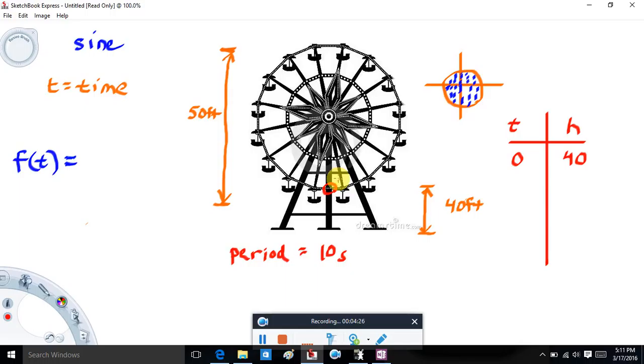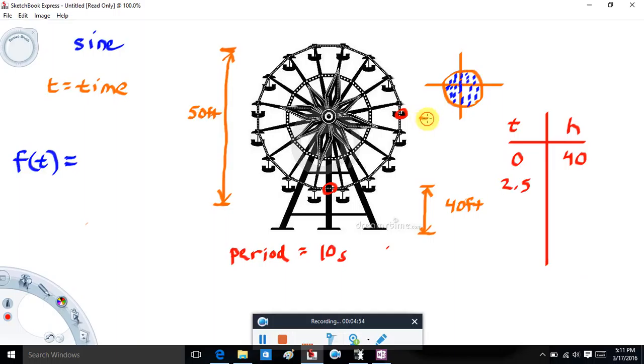So after a quarter period, the person is right over here. Okay? So a quarter of 10 seconds is 2.5 seconds. So after 2.5 seconds, the person is at a height of 40 plus half the diameter, which is 25.